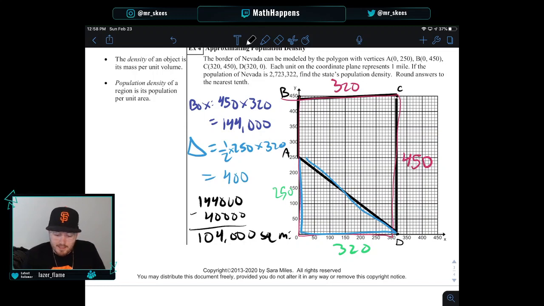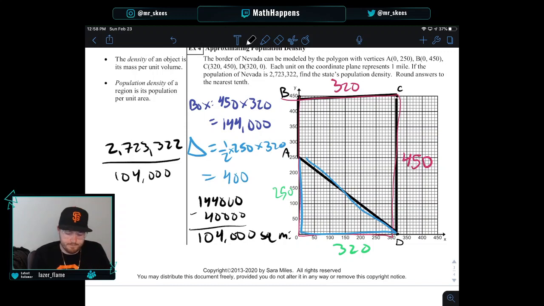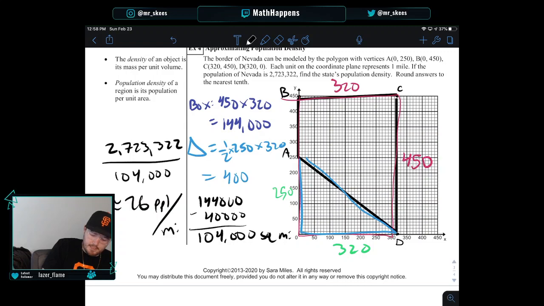And population density is people per area. 2,723,322 divided by 104,000 is approximately 26 people per mile squared.